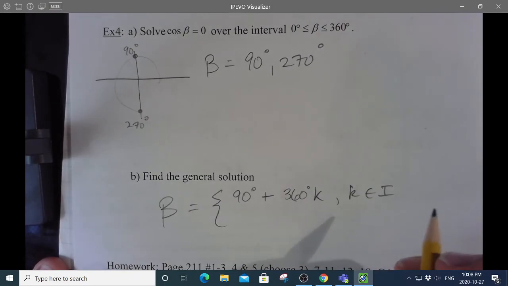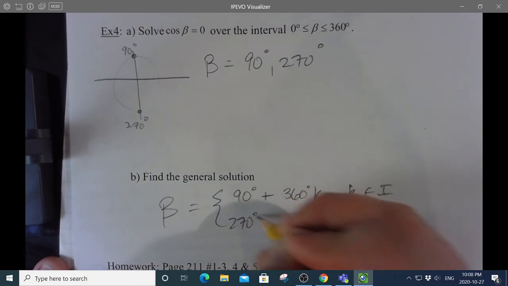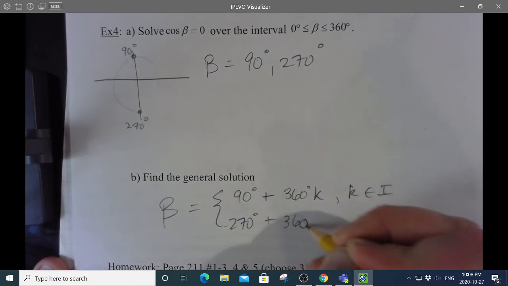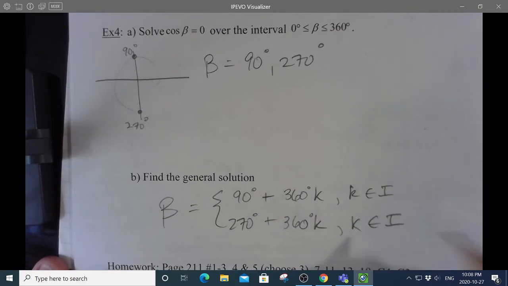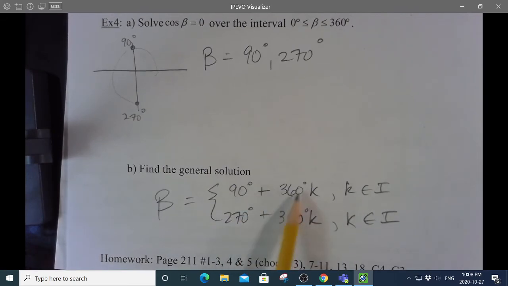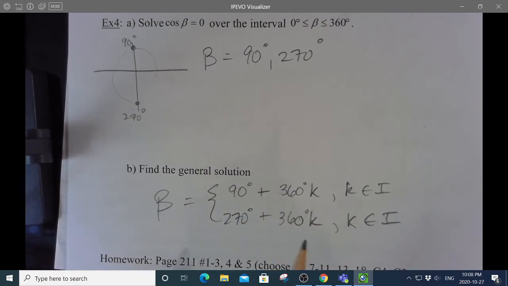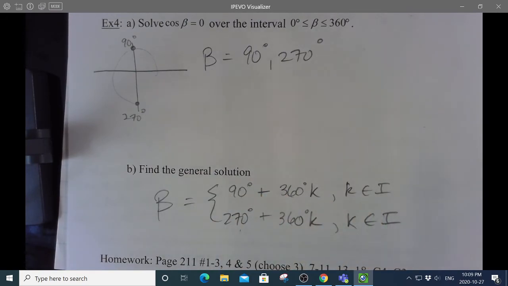Or we can do it as 270 degrees plus 360 degrees times some k, where k can be any integer you like. Now, there actually is a way that you can shortcut this answer, because you'll notice that if you spin around 180 degrees from 90, you'll hit 270. I'll leave that to you. Can you figure out a shorter way to say all this? And if you can, great, but this is a perfectly good answer too.